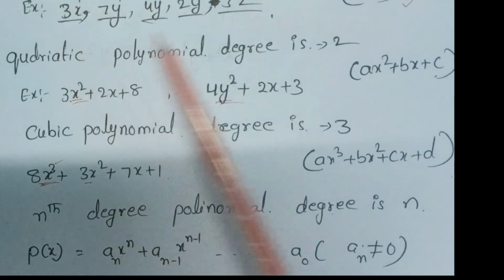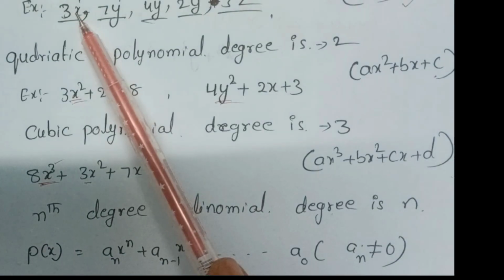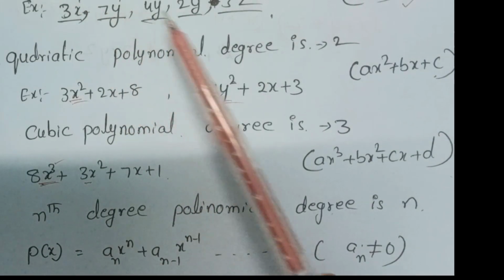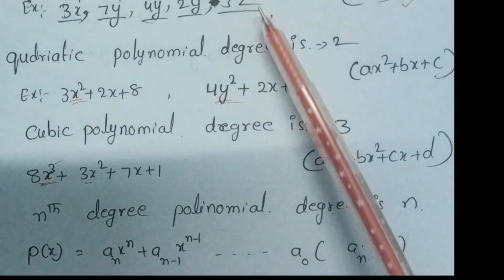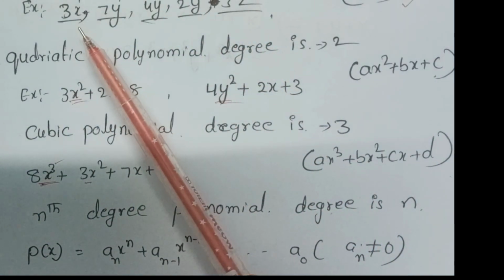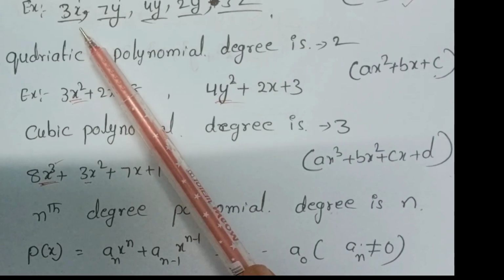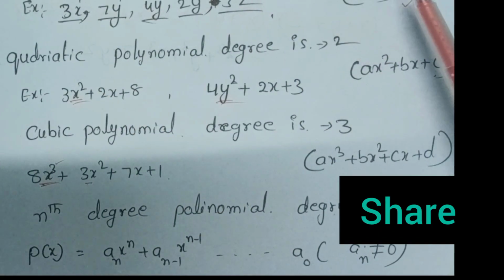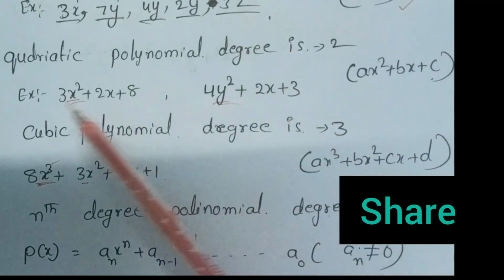These are all examples of monic polynomials. This power is 1, this power is 1, this power is 1, this power is 1, this power is 1. So all are single power. The power is 1. The degree is 1. Degree of this polynomial is 1.